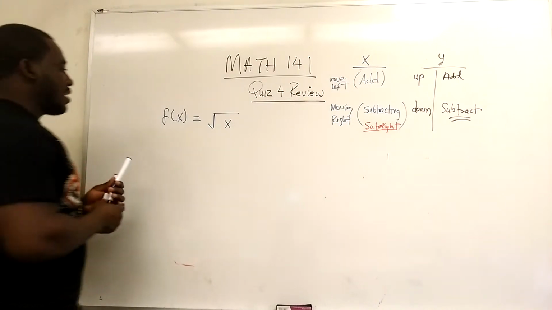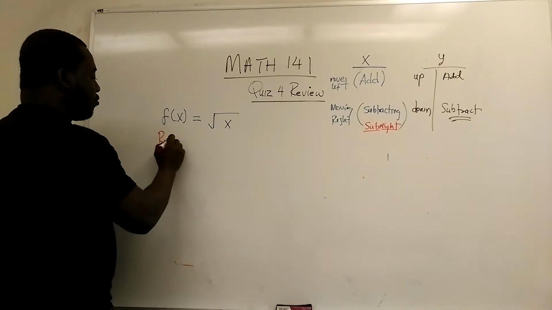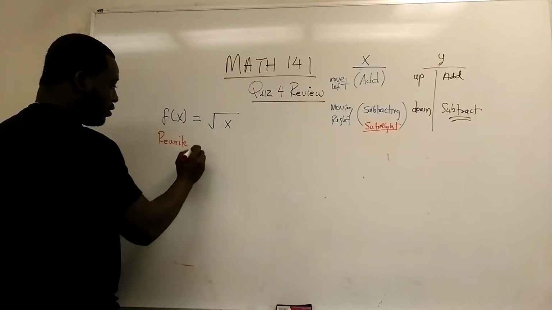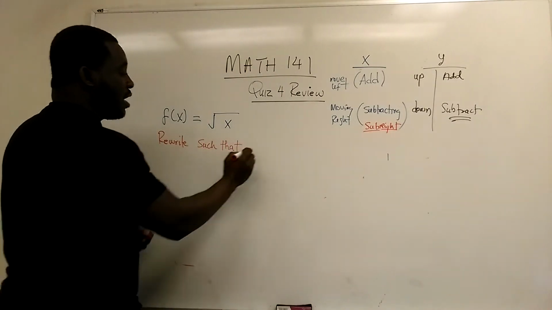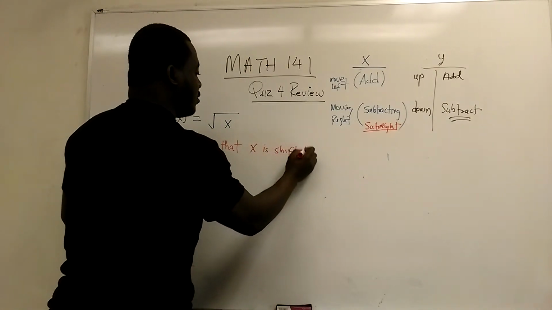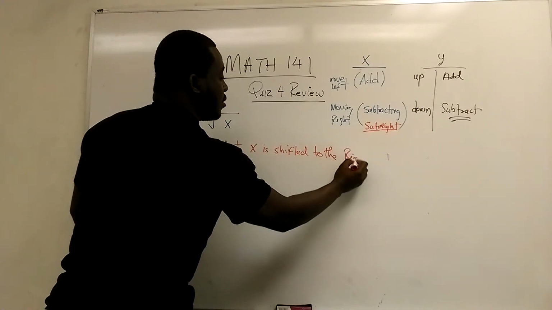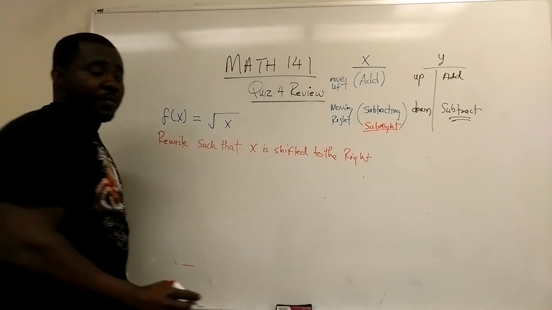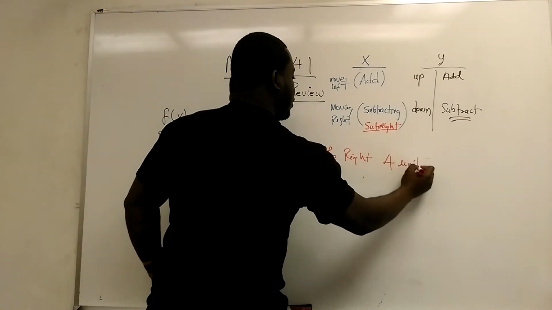And the question can be asked: rewrite this function up here such that x is shifted to the right four units.